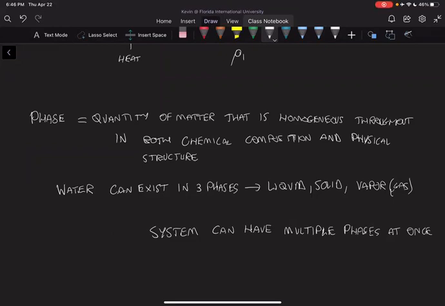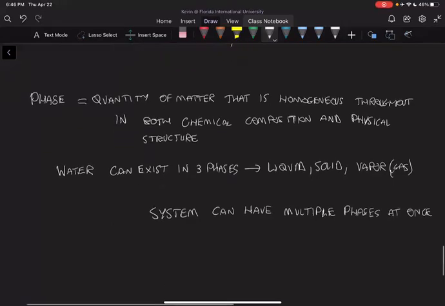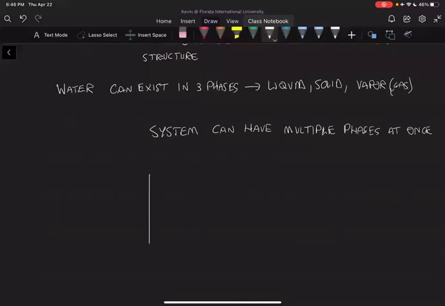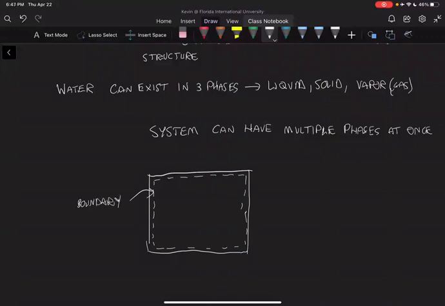That means that theoretically, what could happen is, let's say we have a box, okay, a 3D box of mass. So there's no mass escaping or coming in. Okay, so this is our boundary. This is the boundary of our system.